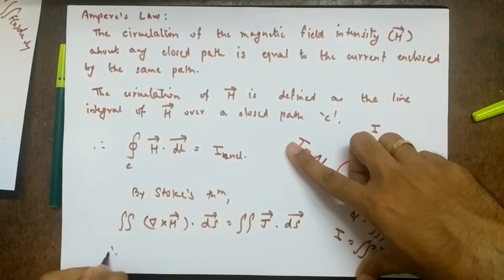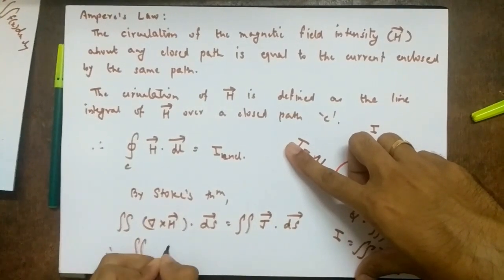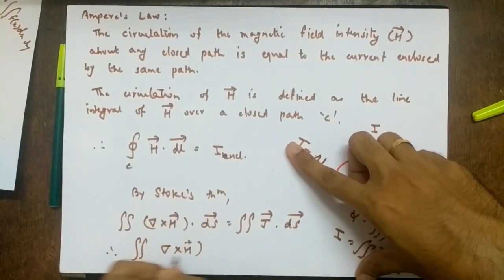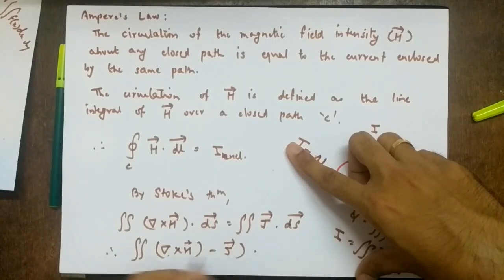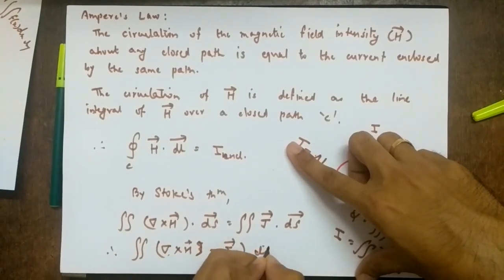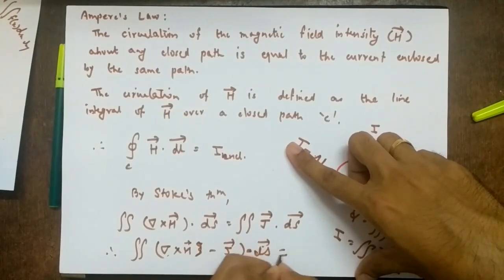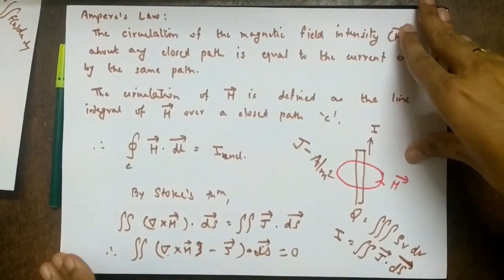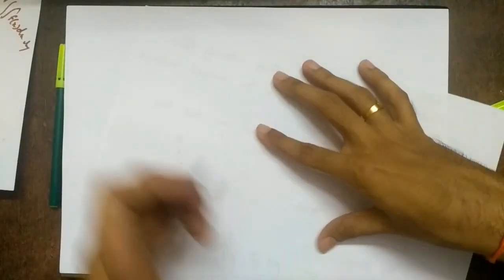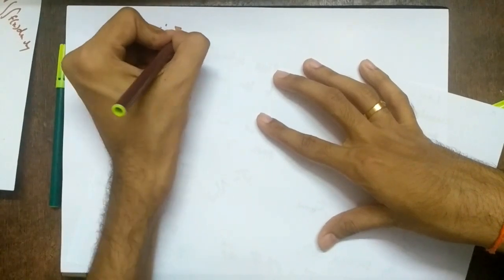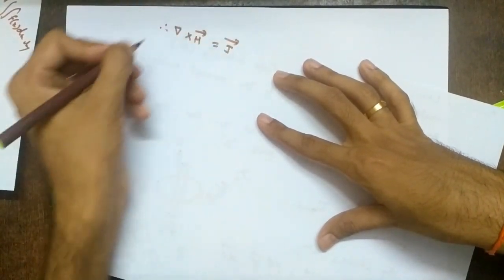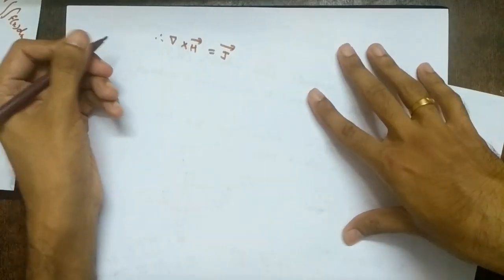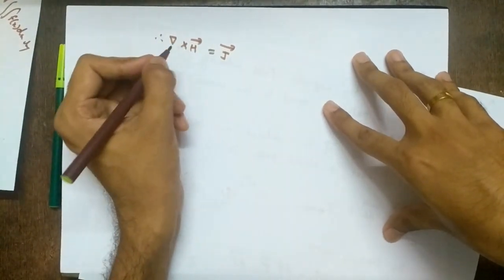Again we cannot solve this directly. So we write del cross H vector minus J vector dot ds vector equal to 0. So del cross H minus J is 0. Therefore del cross H vector equal to J vector, right? So this is my point form of Ampere's law.